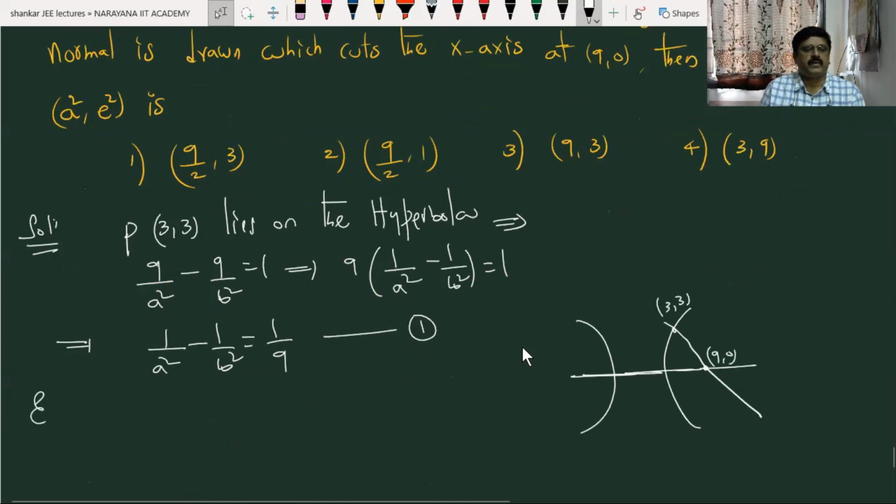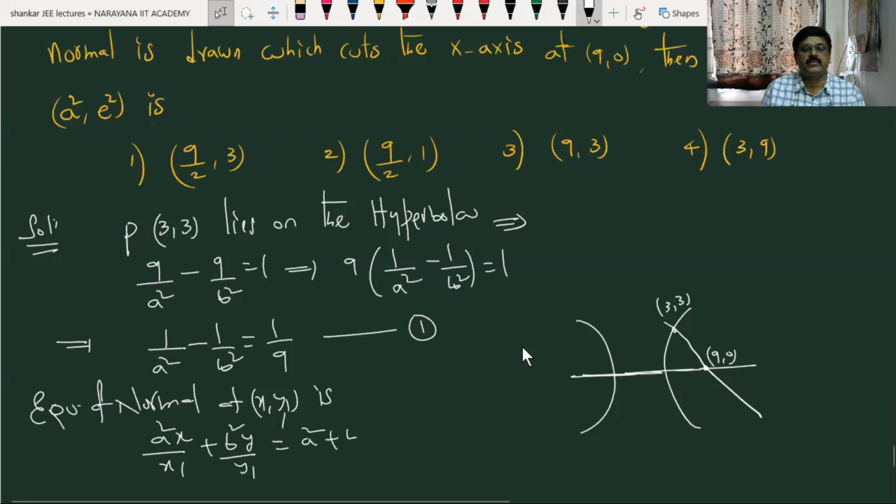In hyperbola chapter, equation of normal at x1 comma y1, the point form of the normal is what, students? a square x upon x1 plus b square y upon y1 is equal to a square plus b square. This is the point form of the normal.